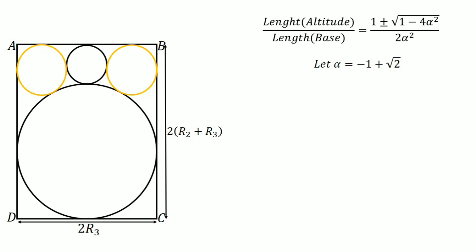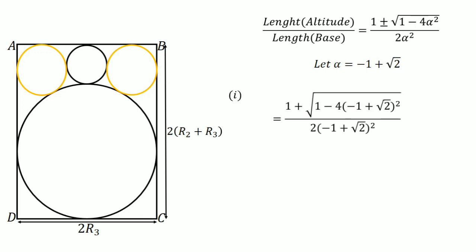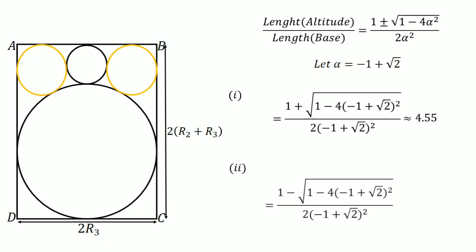Now in the first case, consider the value of plus in the place of plus or minus. This gives us the approximate value of the ratio, which is equal to 4.55, and in the second case consider the value of minus. This gives the approximate value, which is equal to 1.281971 and so on. But which value of ratio do we consider, because both are positive?